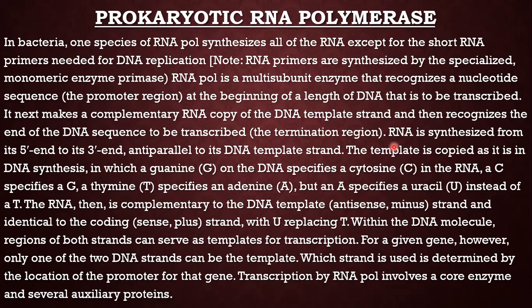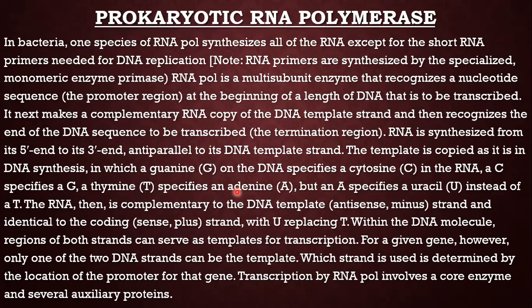Now, RNA is usually synthesized in the 5' to 3' direction, and it is anti-parallel to the DNA template strand. Now, the template is copied as it is in DNA synthesis, in that guanine on DNA will specify a cytosine on the RNA, and a cytosine on the DNA will specify a guanine, and a thymine will specify an adenine, but an adenine will not specify a thymine, rather it will specify a uracil.